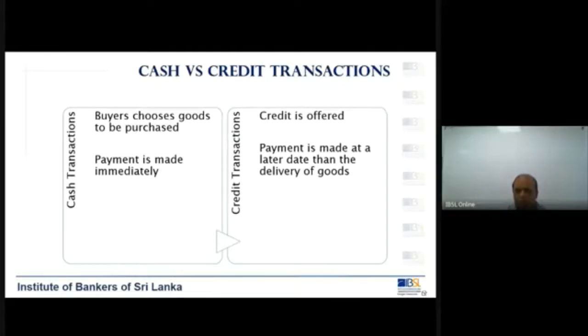Okay, so what happens here? The payment is made at a later date than the delivery of the goods. So this is slightly different to what we have been talking about using the credit card. Now, in the case of a credit card, which is a tri-party transaction, you have an obligation to the bank and the bank has an obligation to the seller from whom you have received the goods, and the bank will ensure the payment is made and you will ensure that the payment is made to the bank at a later date.